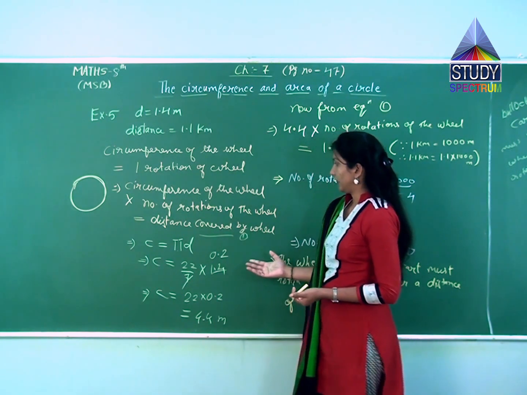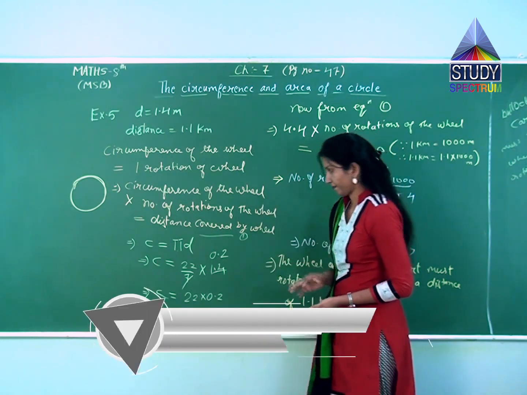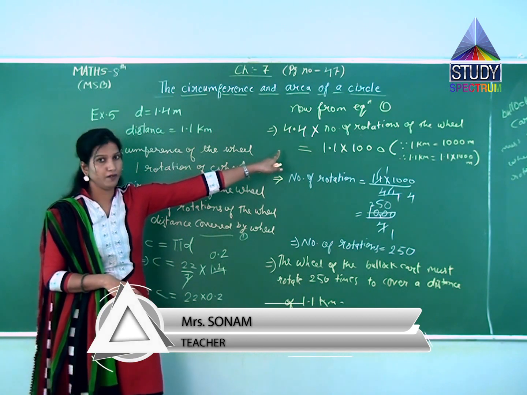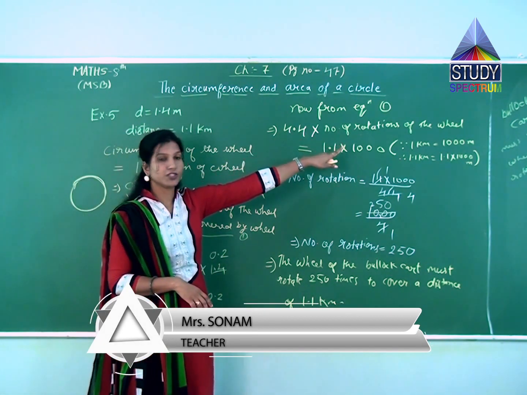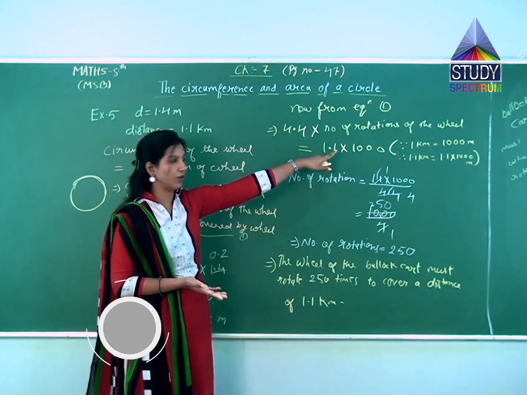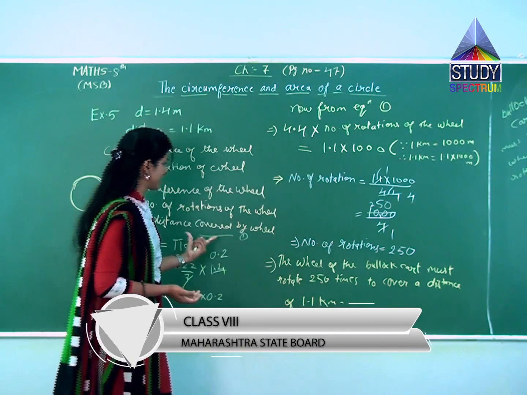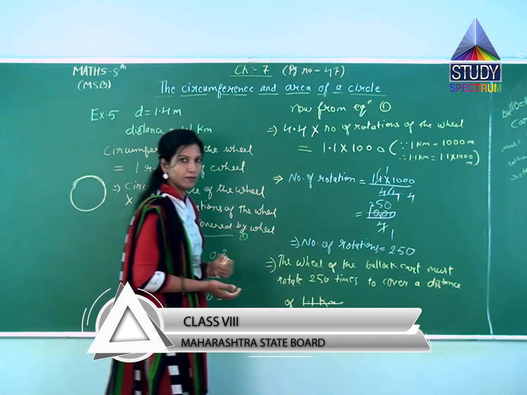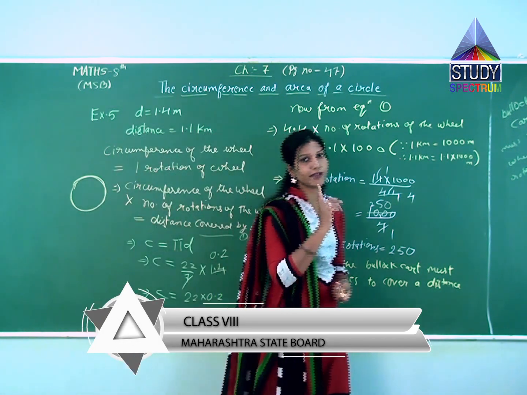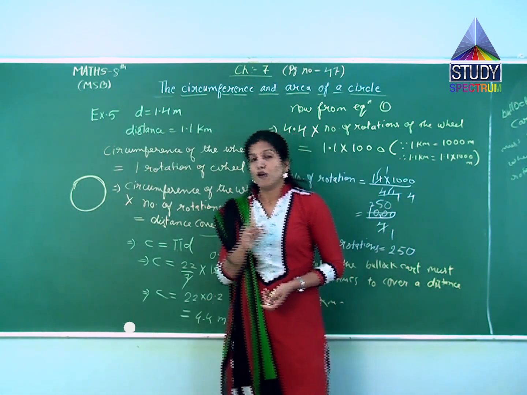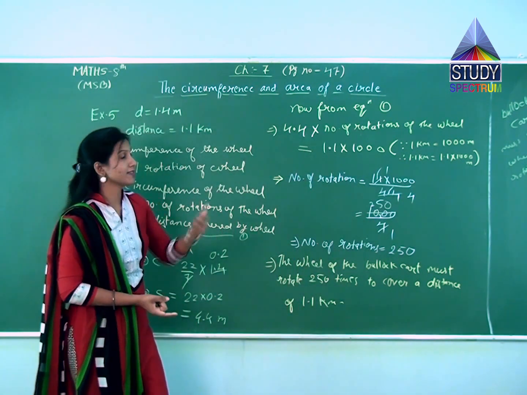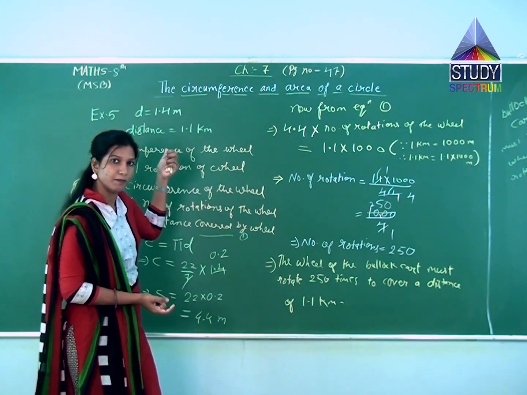Now put the values in this statement: circumference of the wheel, that is 4.4, into number of rotations of the wheel, which we have to find out, equals the distance covered by the wheel. What is the distance given? 1.1 kilometer. But the distance is given in kilometers, so we have to convert it into meters, because the diameter was given in meters.